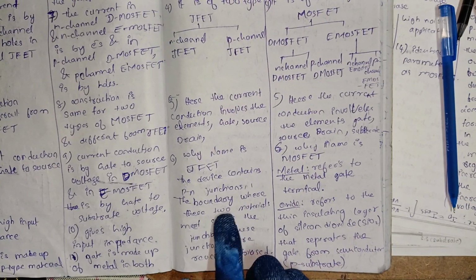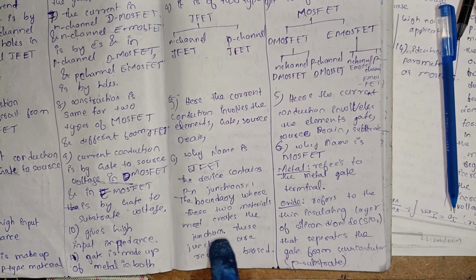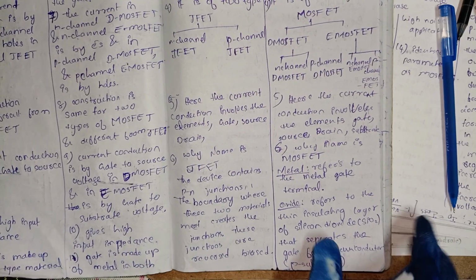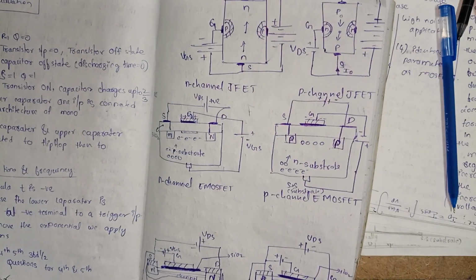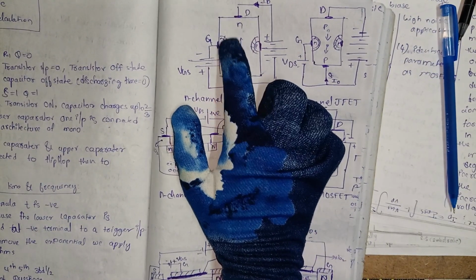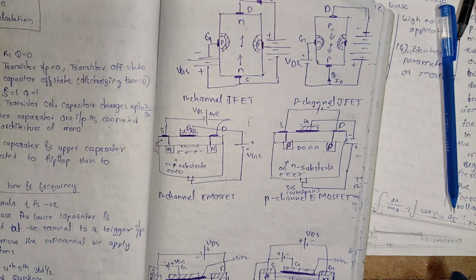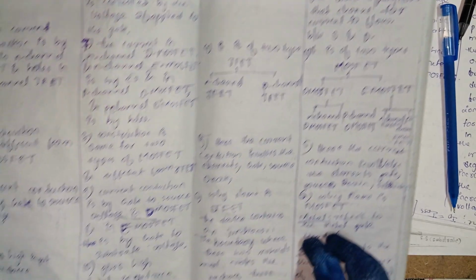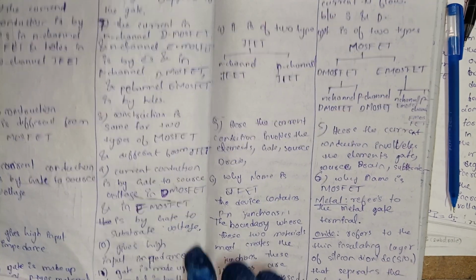The boundary where these two materials meet creates the junctions. Here are the junctions, and these junctions are reverse biased.